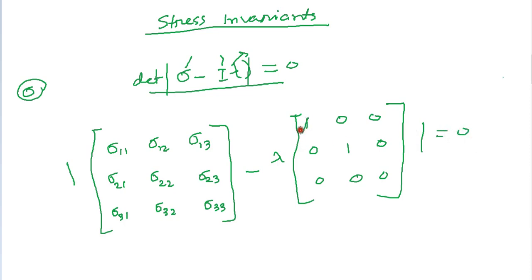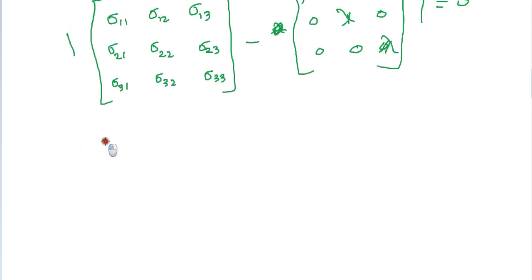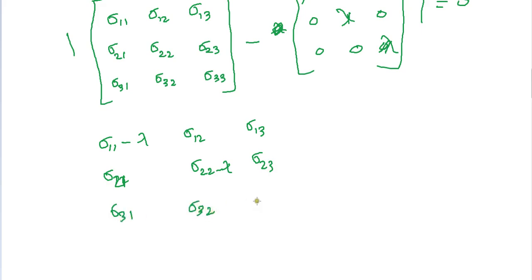So alpha times the identity matrix, the 1s times alpha. From this we can write here sigma 1 1 minus alpha, sigma 1 2, sigma 1 3; sigma 2 1, sigma 2 2 minus alpha, sigma 2 3; sigma 3 1, sigma 3 2, sigma 3 3 minus alpha, and the determinant of this is equal to 0.